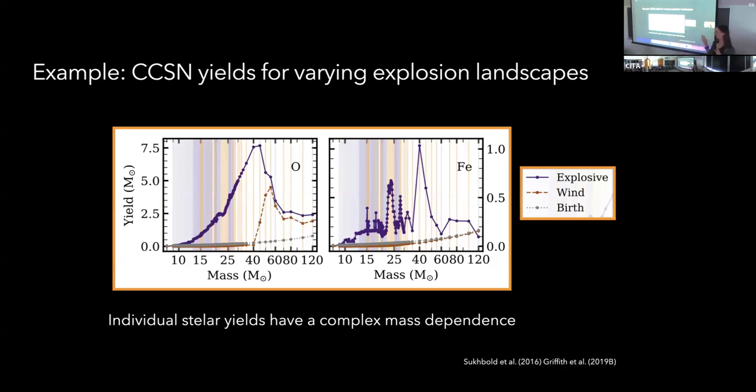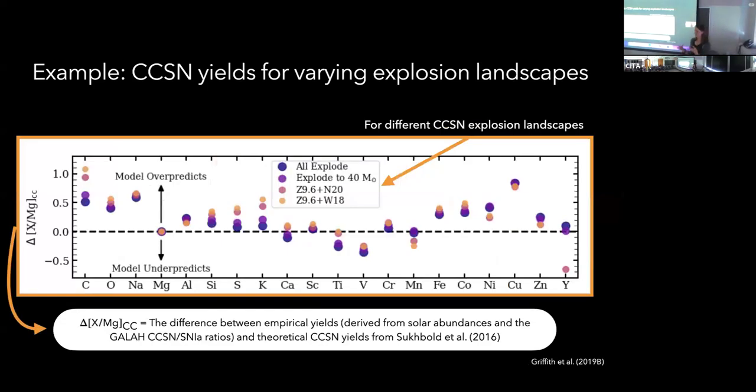We can calculate IMF integrated yields for these different yield sets with different black hole assumptions and compare those integrated yields for different black hole landscapes to what we observe empirically. So there's a lot going on here, but I'll try and explain it. On the y-axis, we're showing the difference between those theoretical models and our empirical calculations.